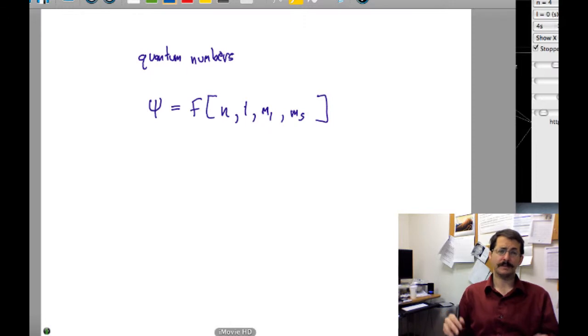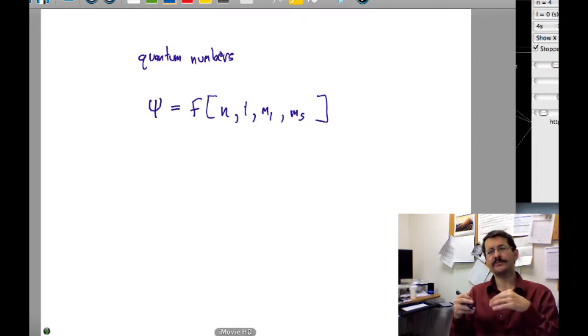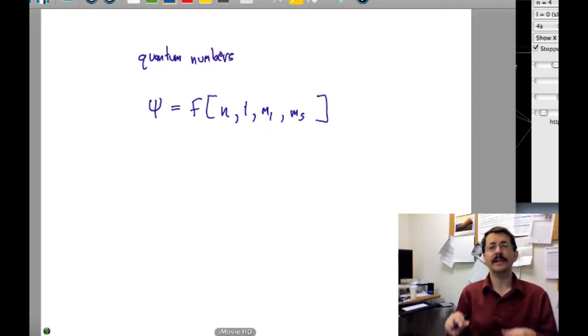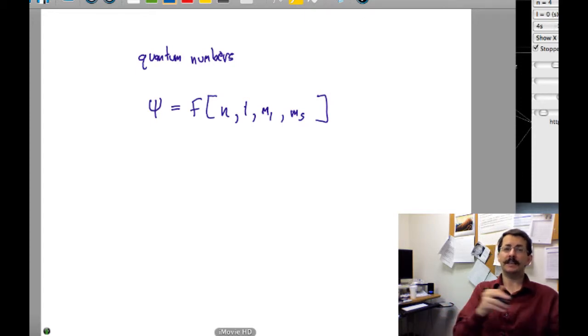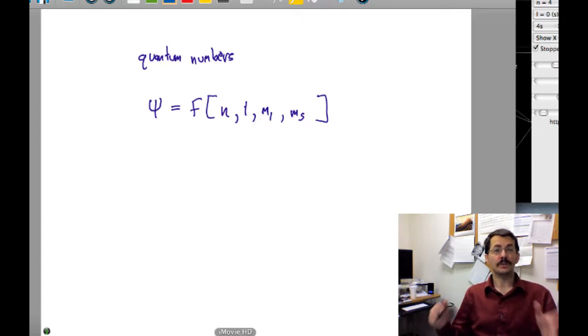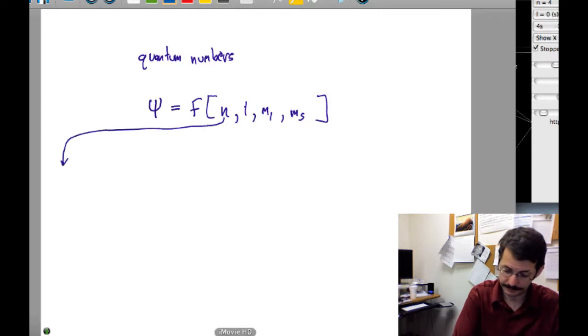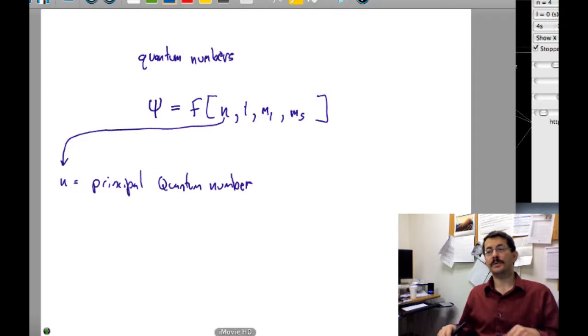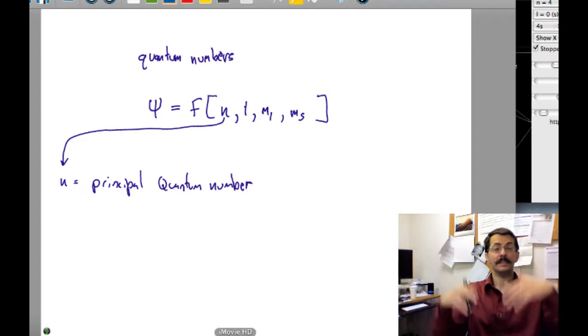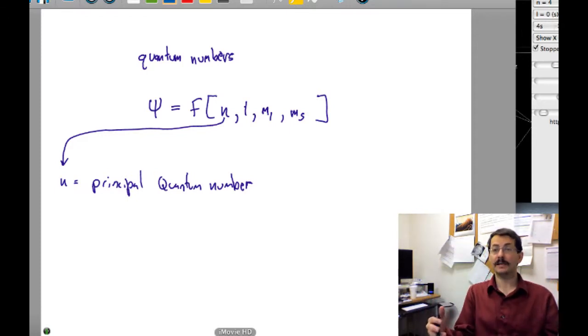And they're just numbers, but they have a specific set of rules associated with them. They only work to generate a valid solution for the wave function under certain conditions. Right? We've already seen n. n is the principal quantum number. The principal quantum number still is exactly the same as what we've been talking about before.